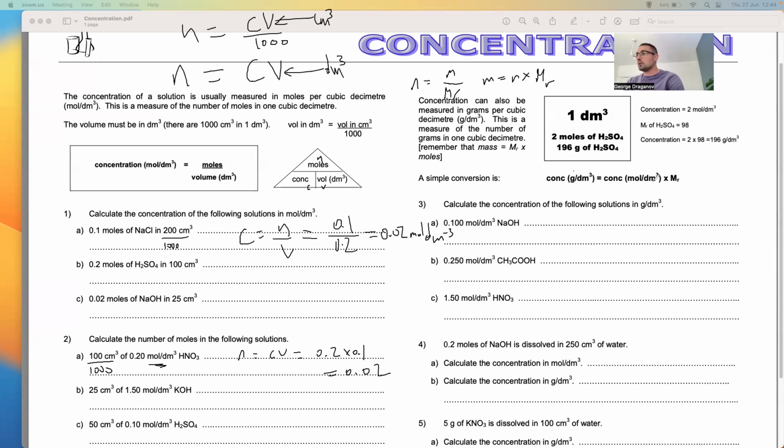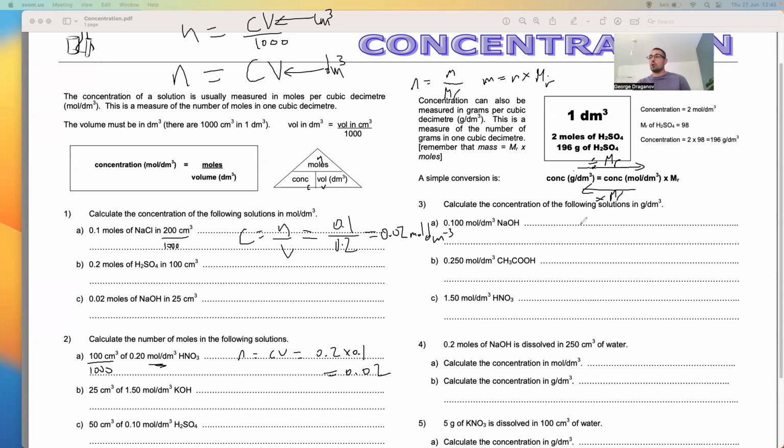The per decimeter cubed doesn't change on both sides, so you don't need to worry about it. So essentially, if you do moles times Mr, you'll get mass, which is what you want here. That's why if you take the moles per decimeter cubed and you times them by the Mr, you'll get grams per decimeter cubed. And you can go vice versa. If you want to go from grams to moles this way, you would divide by Mr, and this way you would times by Mr.